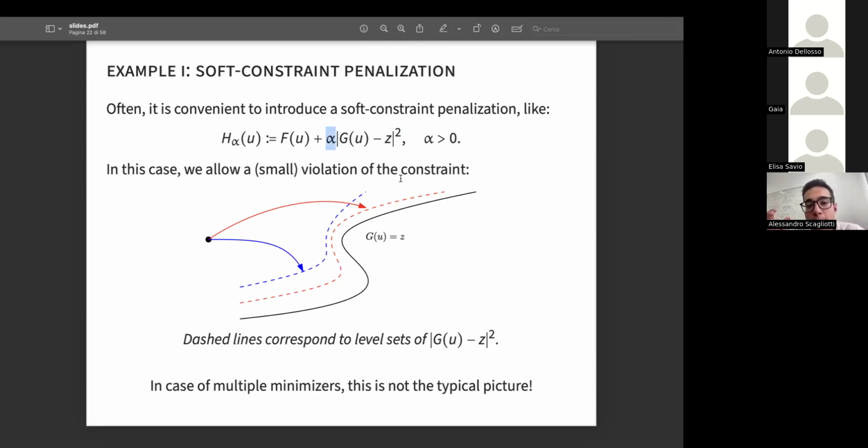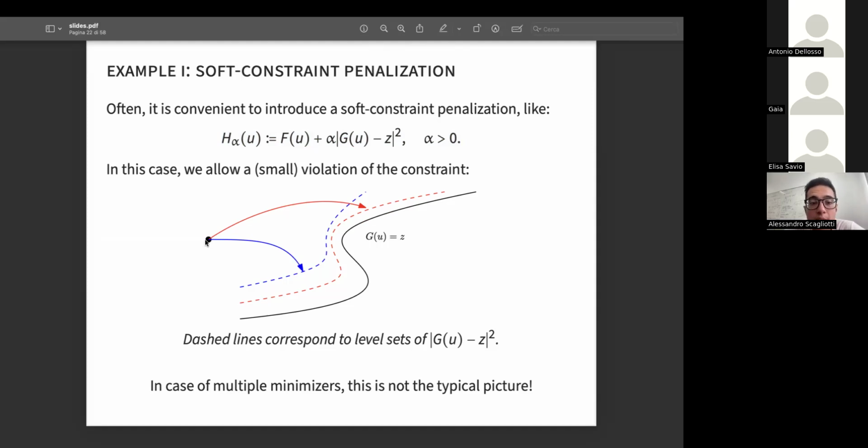So the typical picture that I had in mind was the following one. Imagine that we solve this problem and that we have multiple solutions. This could be a typical case if the optimization problem here is non-convex. Imagine that we find two optimal solutions.